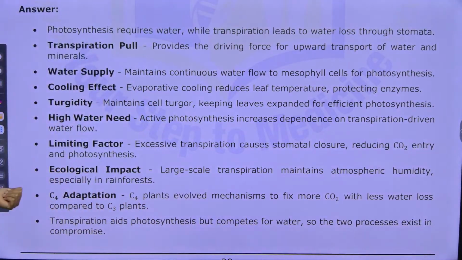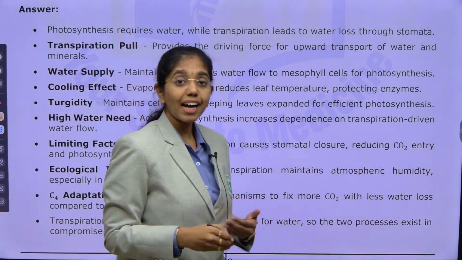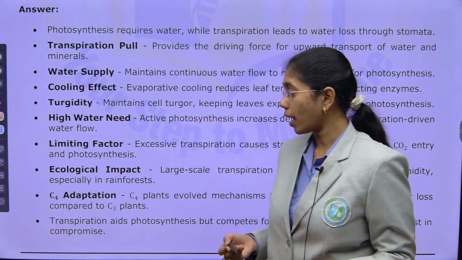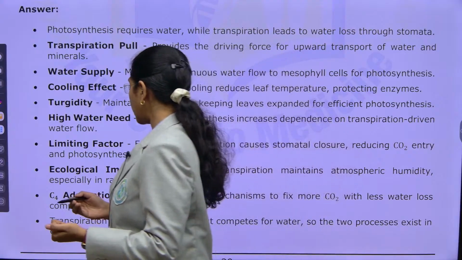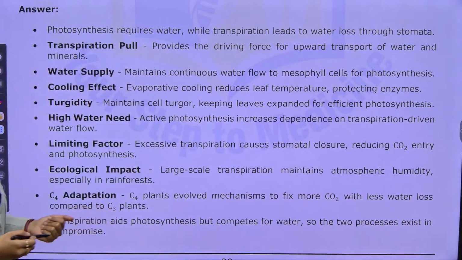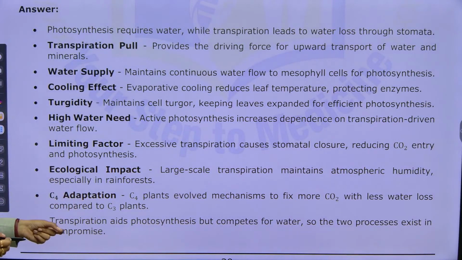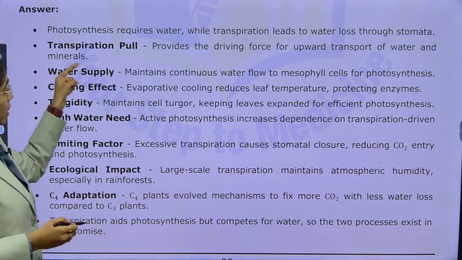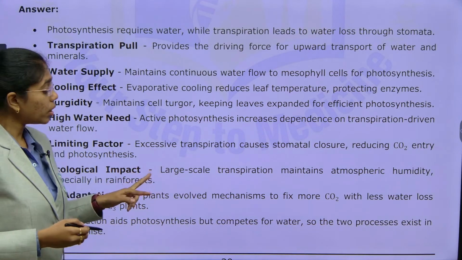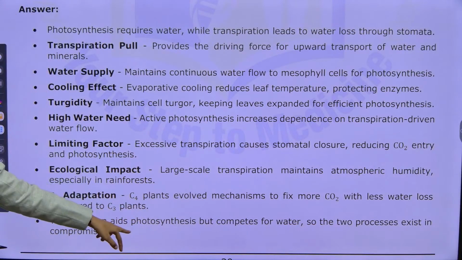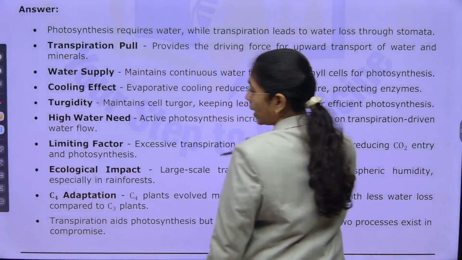And then ecological impact: what will be the ecological impact if large scale transpiration is occurring? It will increase humidity levels. And then C4 adaptation: what is C4 adaptation with respect to transpiration? These are the main points to be highlighted, where at the end you will say both the processes compete for water, so this exists as a compromise. This is how you need to highlight and explain the answer.